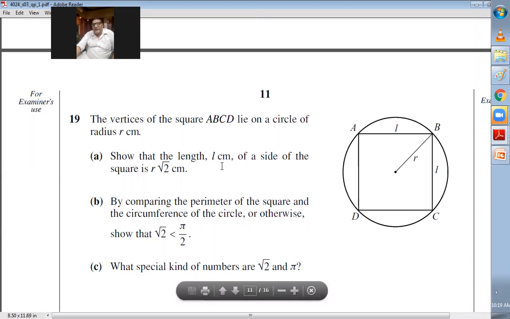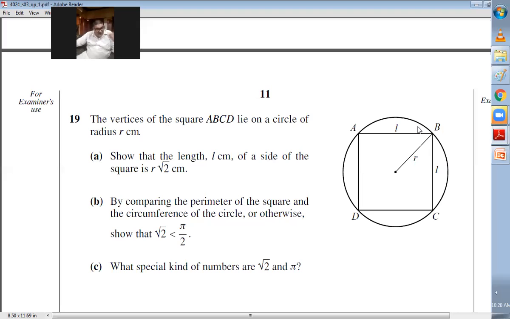Now the second part is: by comparing the perimeter of the square and the circumference of the circle, or otherwise, show that. If you pay attention here, this straight line, the distance between B and C, is a straight distance, and this is the curved distance. This curved distance should be larger than the straight one, which is the shorter distance from B to C. If I repeat this 4 times, I will have the full circumference of the circle and the perimeter of the square.